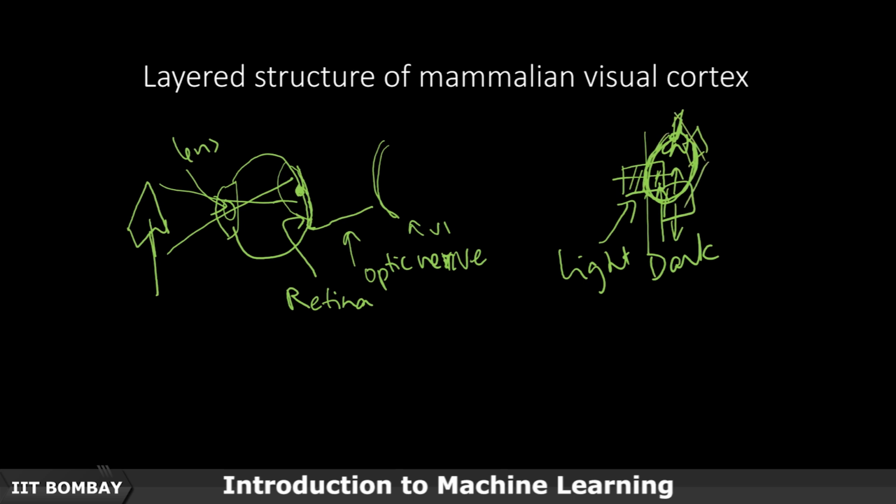So we have specialized cells in V1 that detect differently oriented edges. Some detect vertical edges, some detect horizontal edges, some detect diagonal edges and so forth. Some detect dots, a dot being basically darkness surrounded by lightness or lightness surrounded by darkness.